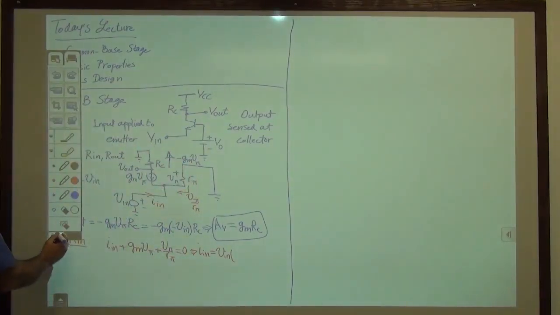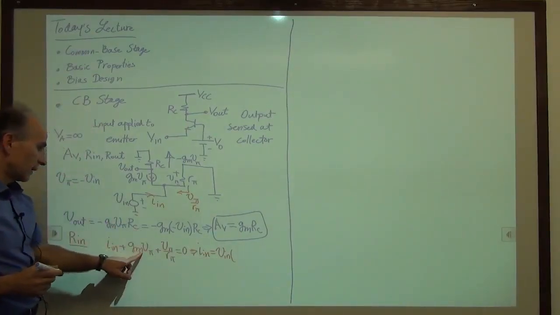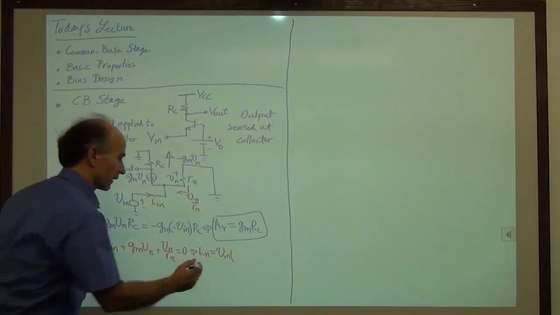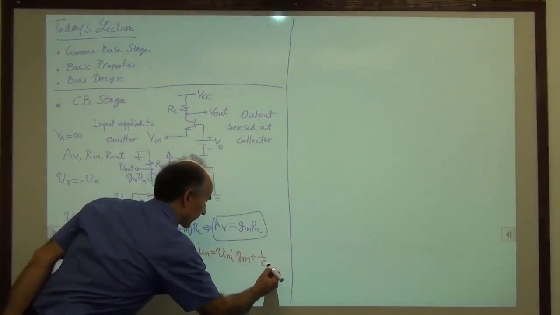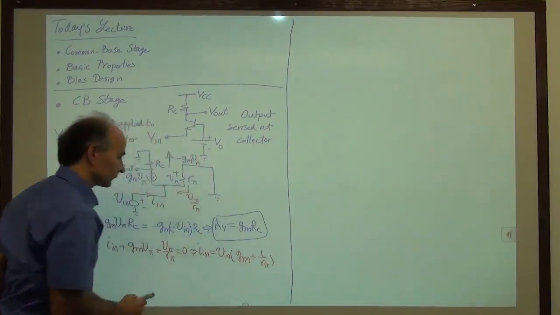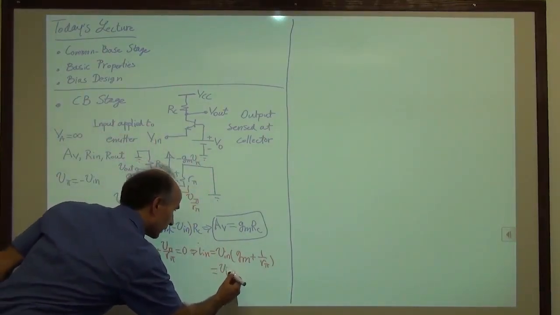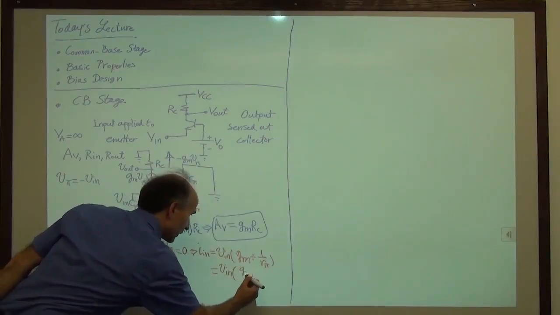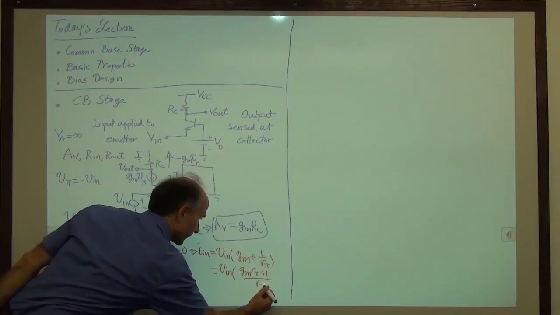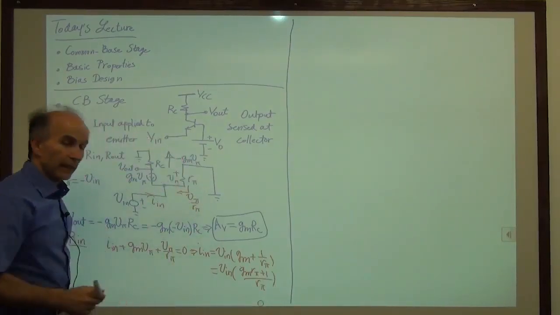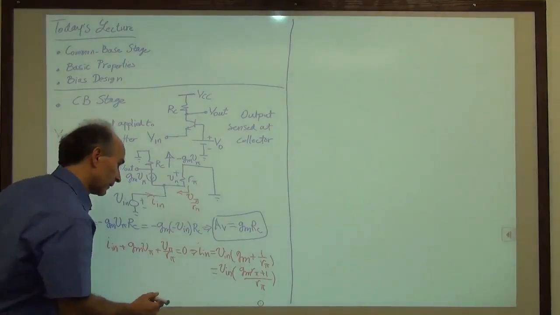Okay, so let's go back. All right, so we have V in, and then we have gm plus 1 over r pi. I had flipped these over, so 1 over r pi. Okay, so that gives us V in times gm r pi plus 1 over r pi, and that's beta plus 1, approximately equal to beta.